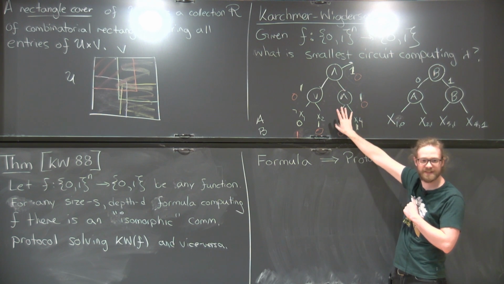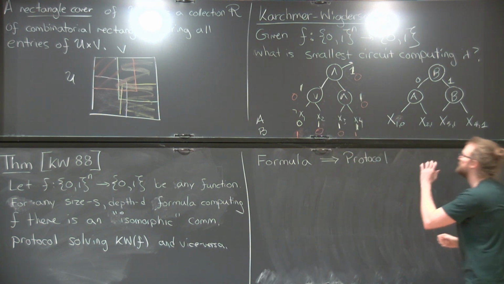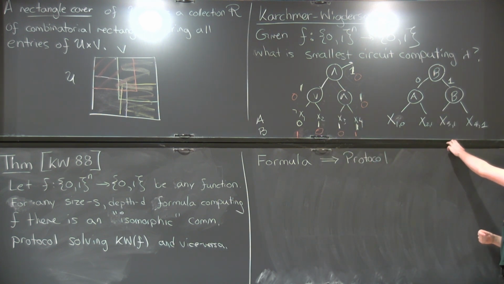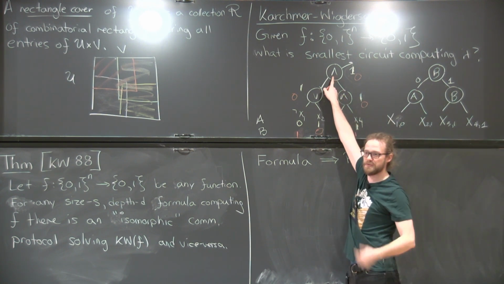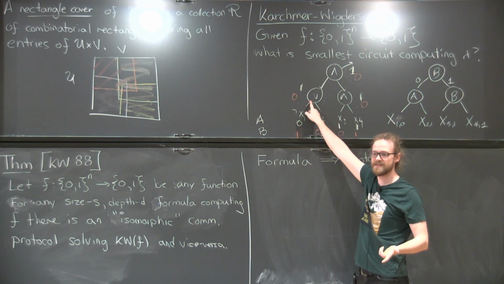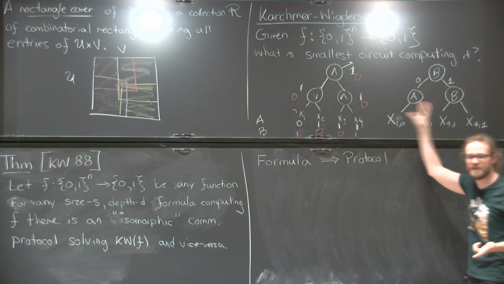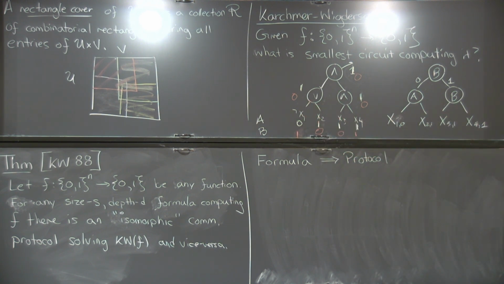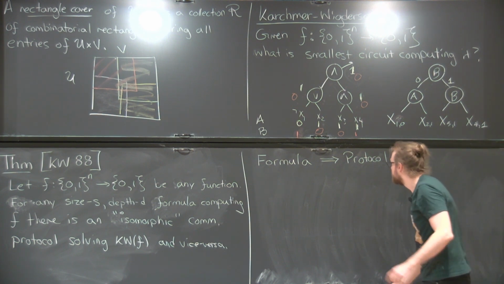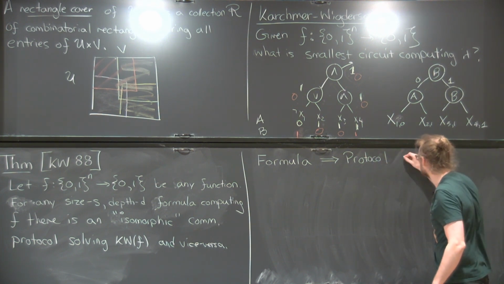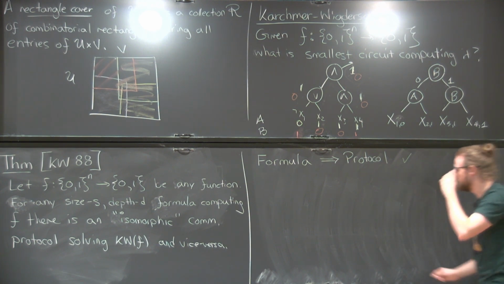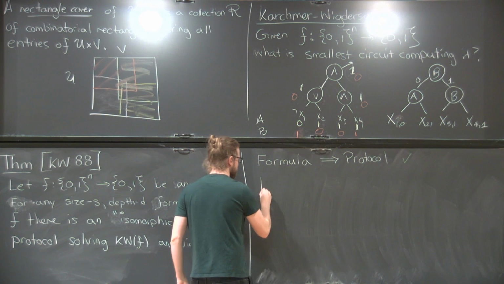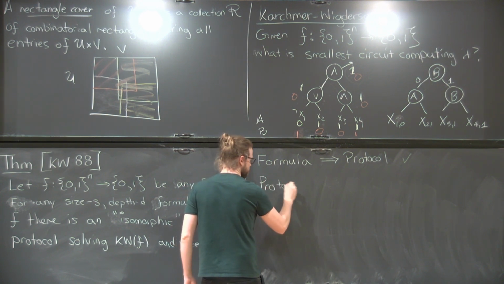Everything is connected in exactly the same way. Really, a communication protocol for this Karchmer-Wigderson game is just taking this circuit and relabeling AND gates with Bob and OR gates with Alice. So there's a very strong connection between these two directions. This direction is easy. For the reverse direction, still pretty straightforward.